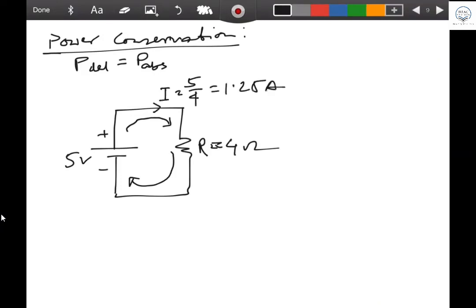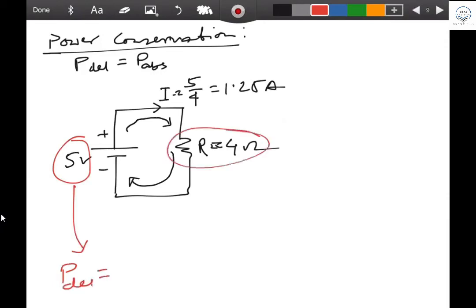So 1.25 ampere current is flowing through the circuit. What happened? Is the battery delivering the power or absorbing the power? Delivering the power. So power is delivered by the battery. And the resistor is absorbing, in the form of heat.